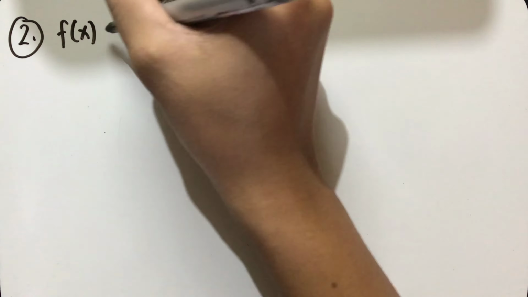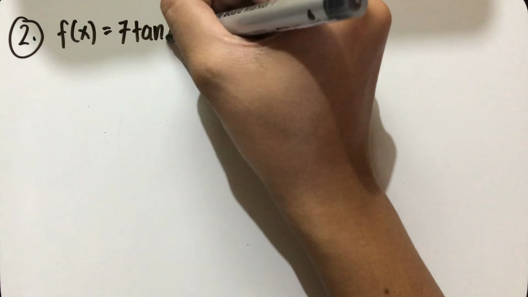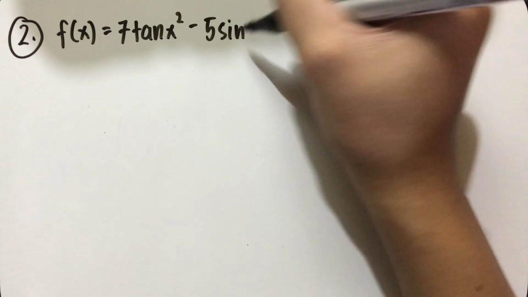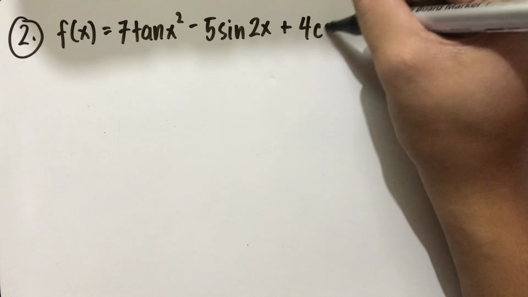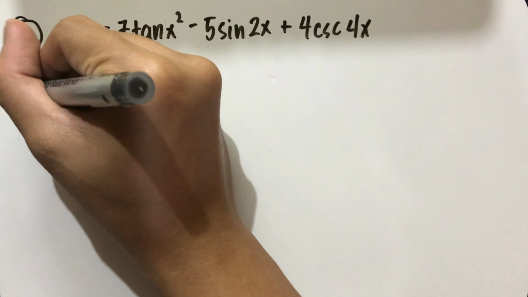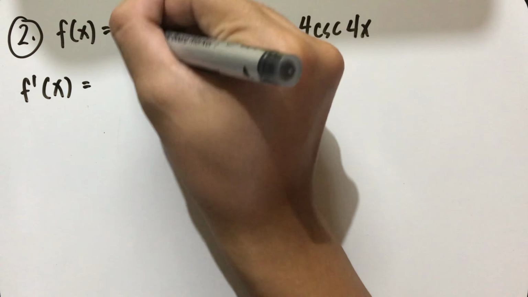So for number 2, f of x is equal to 7 times tangent x squared minus 5 sine 2x plus 4 cosecant 4x. To get the derivative of this, we have to get the derivative of each term.